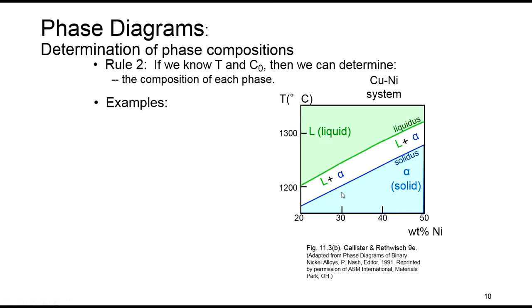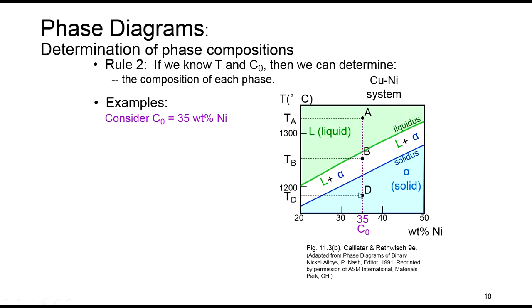As an example, consider a composition of 35% at temperature A here, which is 1320 degrees Celsius. We only have liquid phase, and the composition of the liquid phase is the same as the composition we have here, with 35 weight percent of nickel.